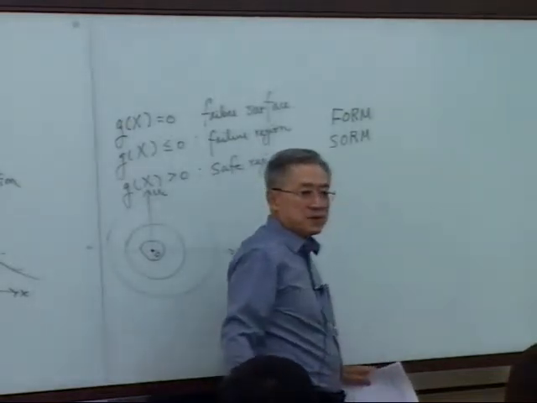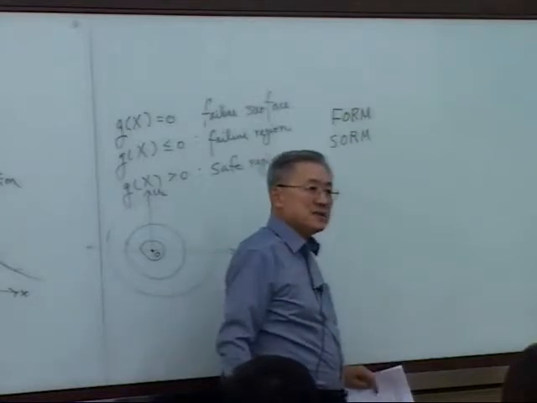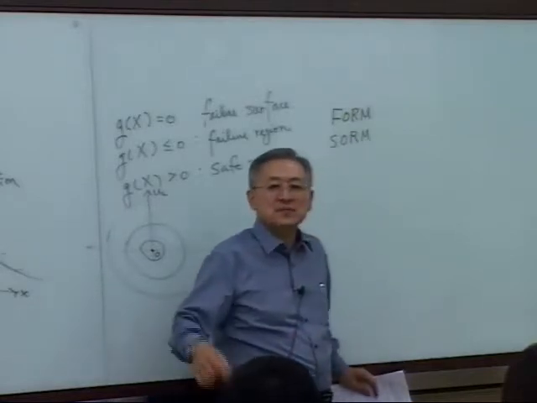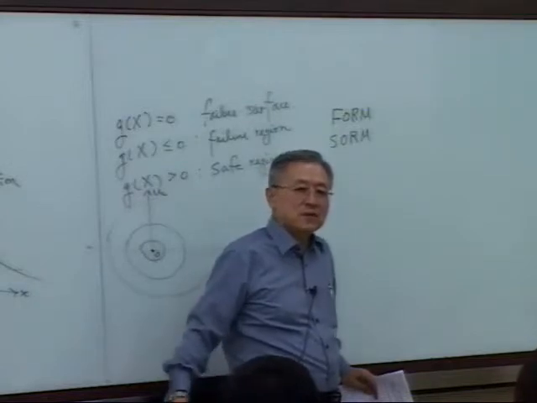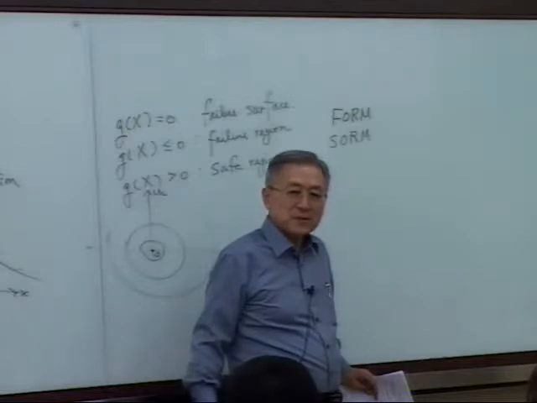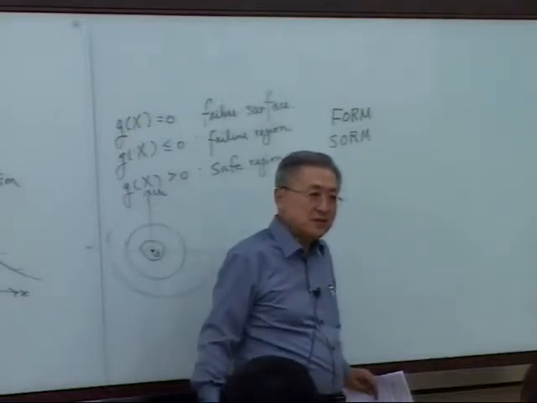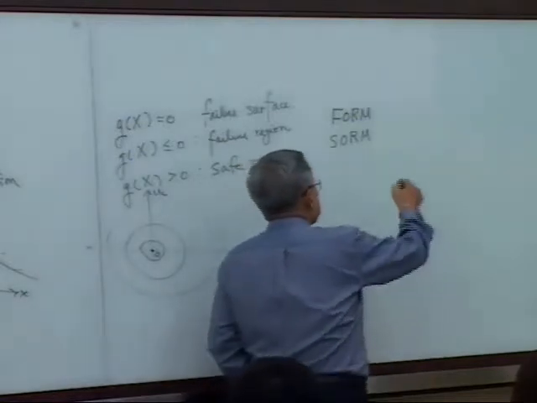Two methods we're going to look at as an approximation of approximation. FORM, first order reliability method. SORM, second order reliability method. That's what we're going to do.